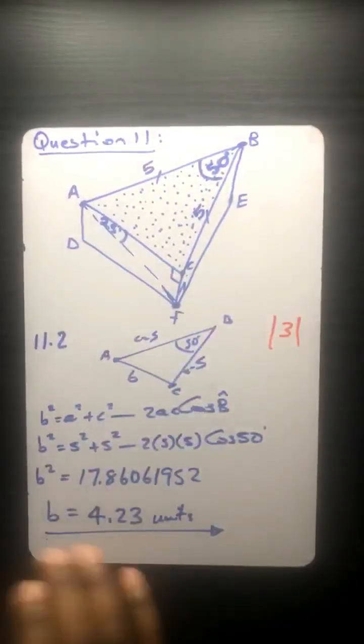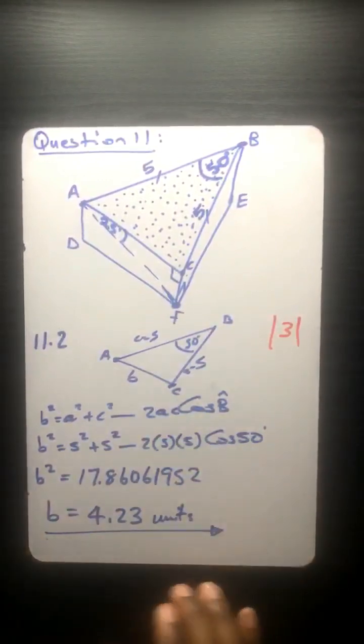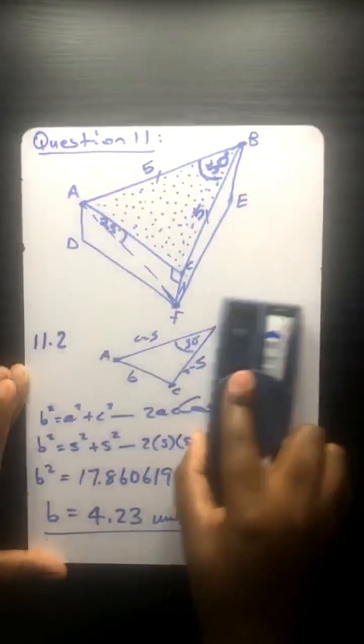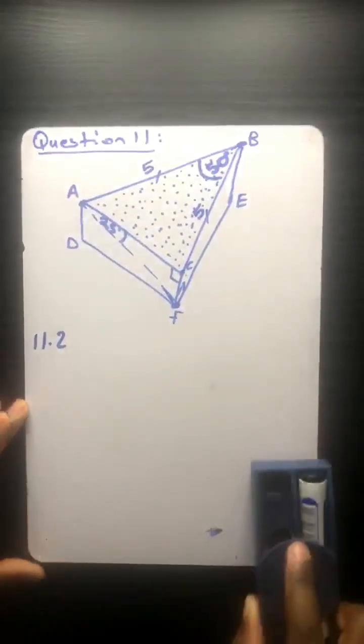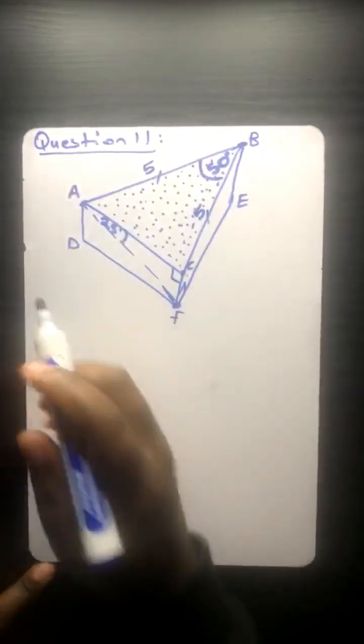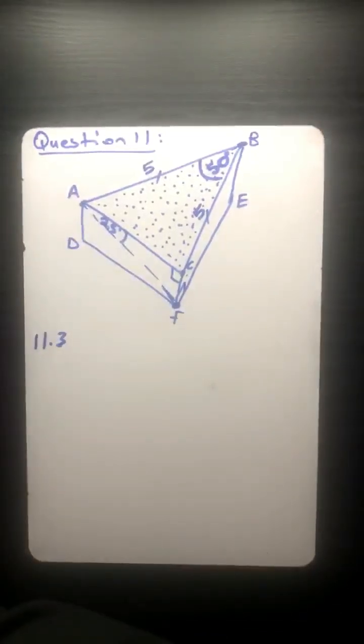Remember, guys, we're not looking at a circle, not a square, not a rectangle, not a trapezium, but only triangles. So whatever you do, you need to be able to notice the triangle that you are dealing with. Triangle is a game of 3 things: 3 sides, 3 angles.